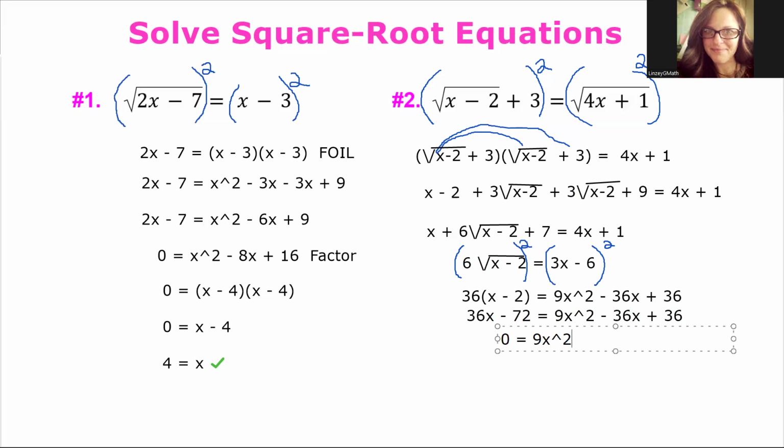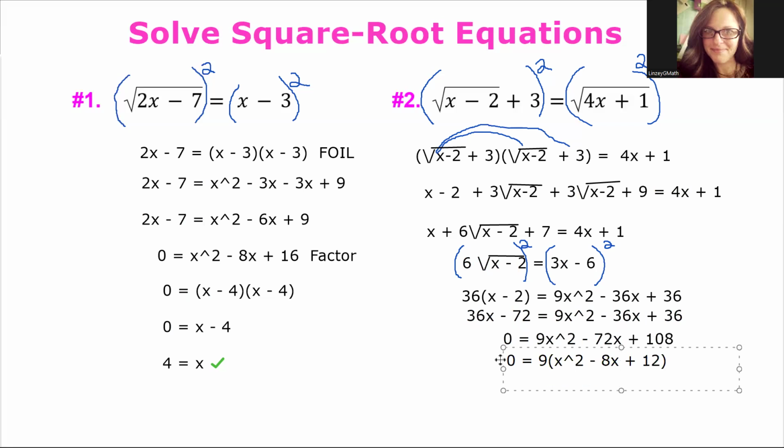We'll subtract 36x and add 72. Solving a quadratic, it looks like we can factor out a greatest common factor of 9. And then we'll finish factoring: what multiplies to 12 and also adds to negative 8? Negative 6 and negative 2.